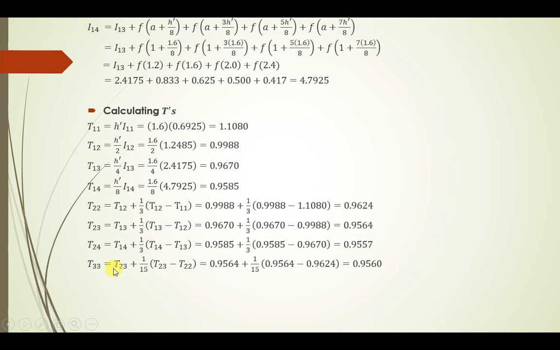Replacing t23 by this number, plus 1 by 15 times the same t23 minus t22, and t22 is actually this thing, so replace it here. Calculating this sum, you'll get this answer, and this answer is t33.